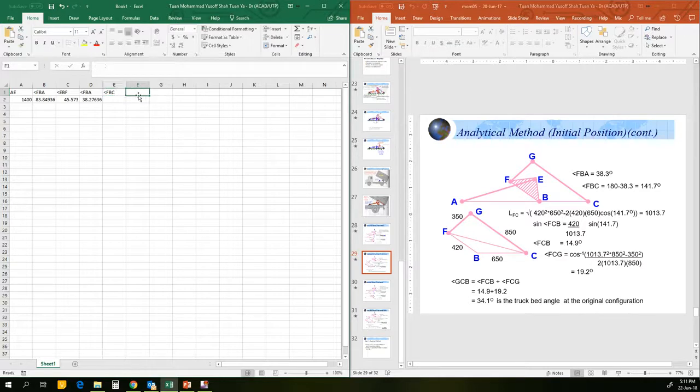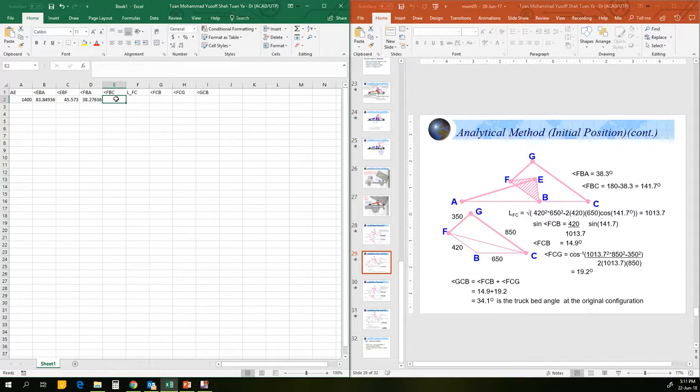Then we need to find LFC, the length FC, which is a subscript, just like here. Then we need to find angle FCB, then angle FCG, then finally angle GCB.